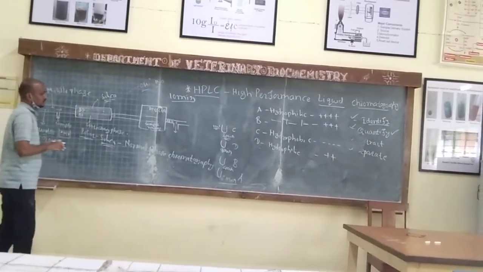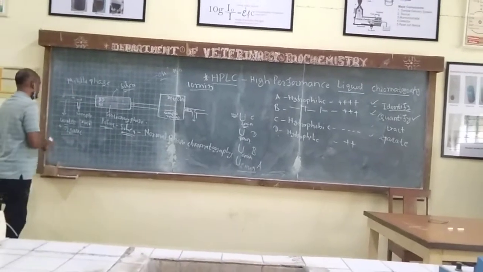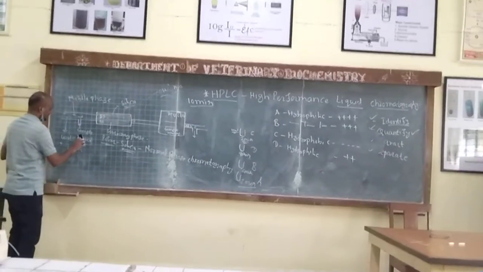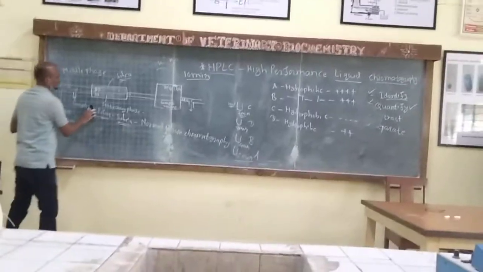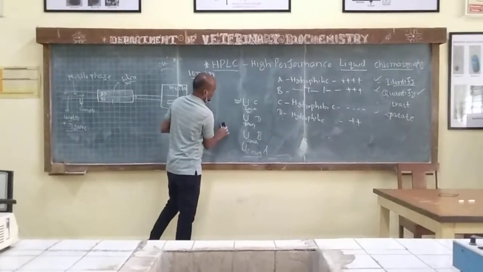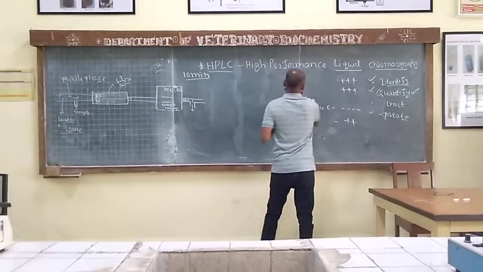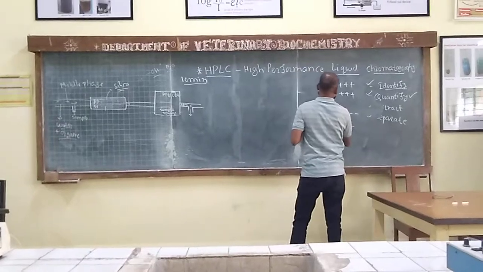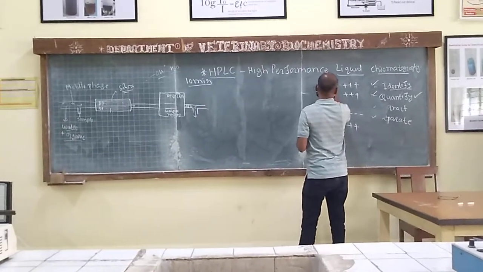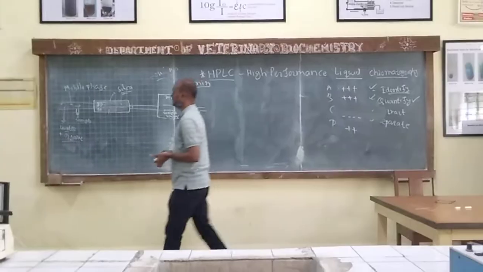How will the elution step work? We have discussed it, right? A, B, C, D. How do we elute these? How does this elution work?